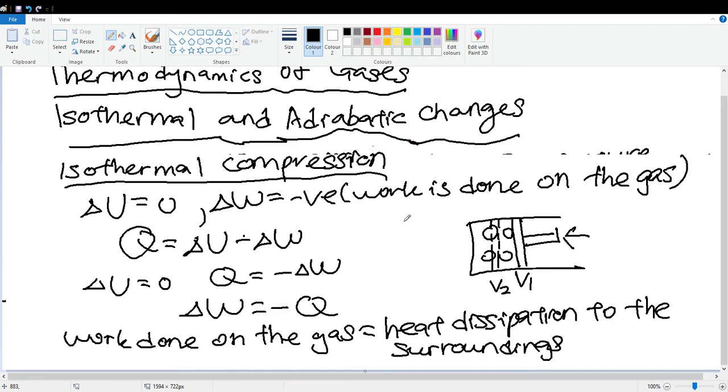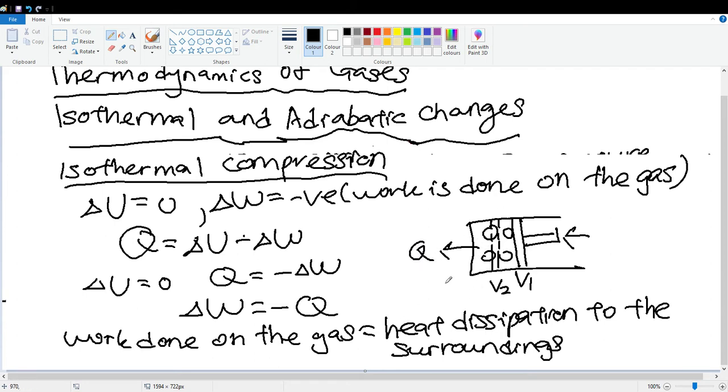But in this case, the internal energy of the gas, which was supposed to increase, will be dissipated as heat to the surroundings.